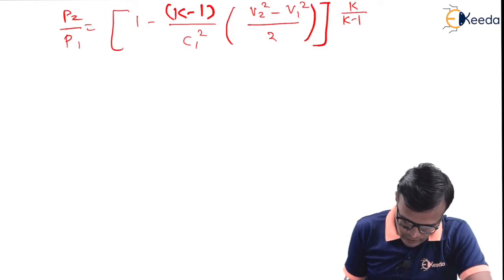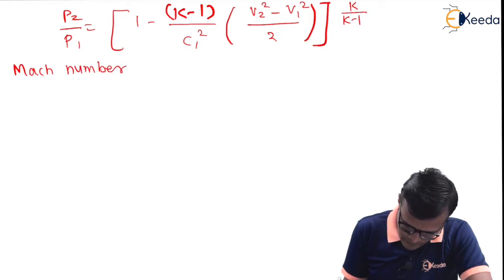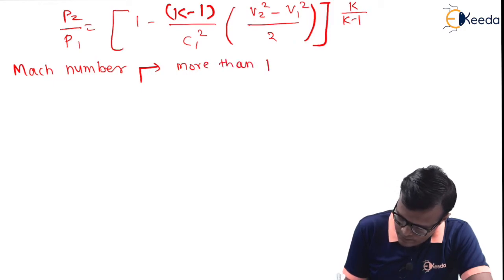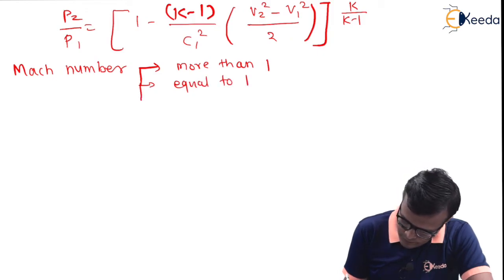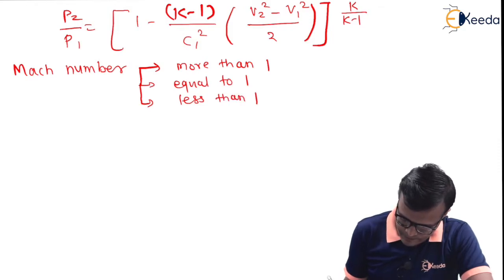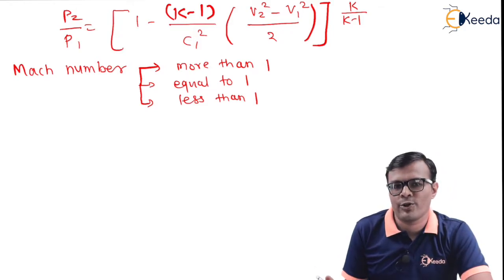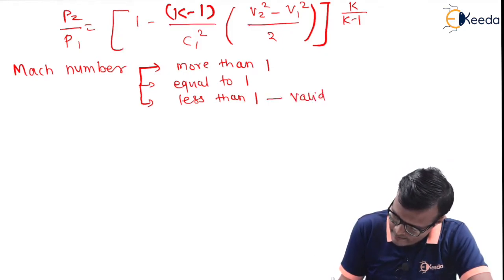So we will consider values of Mach number that may be more than 1, that may be equal to 1, that may be less than 1. As velocity is reduced, close to 0, it means that Mach number is less than 1. So this is the valid case.